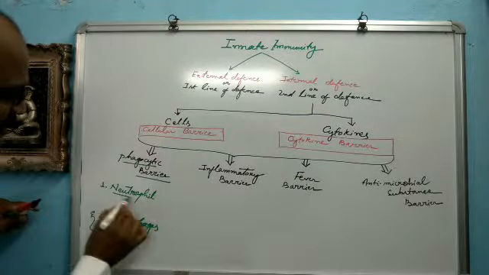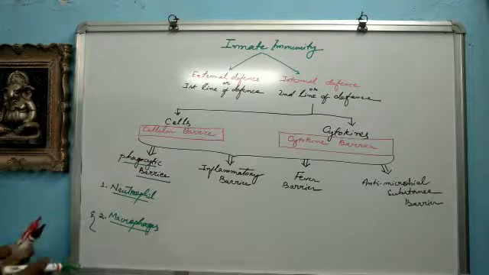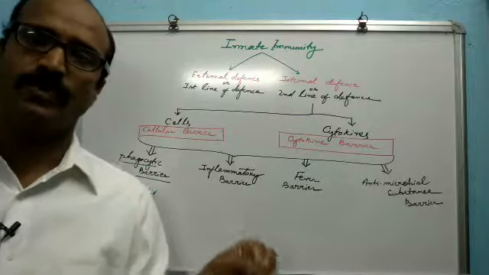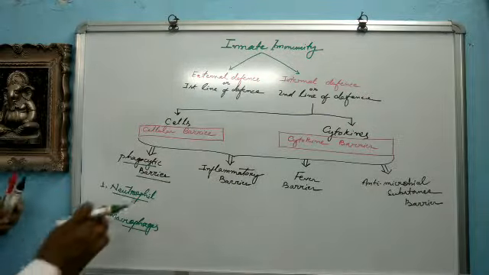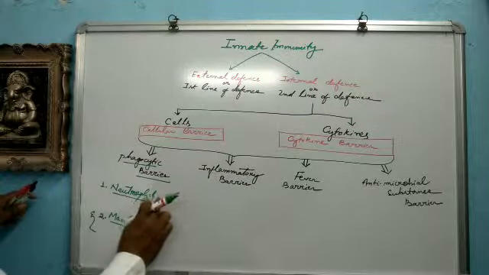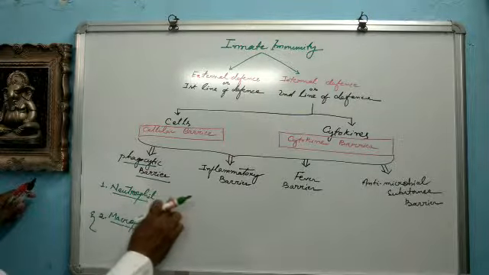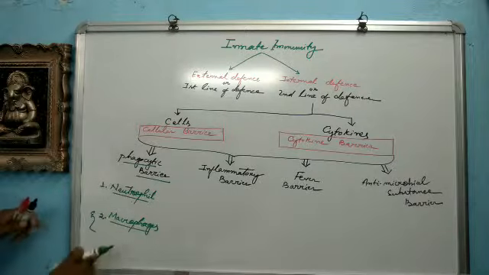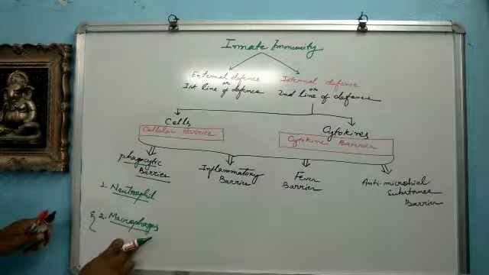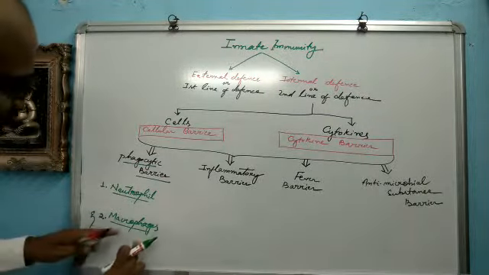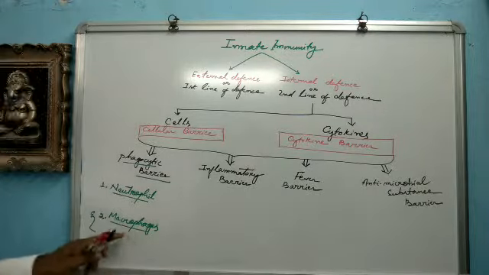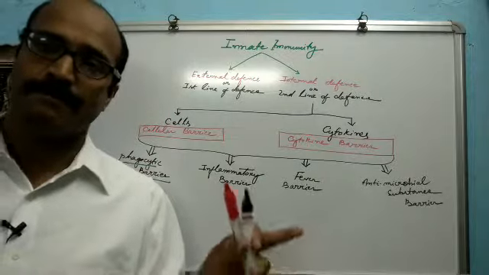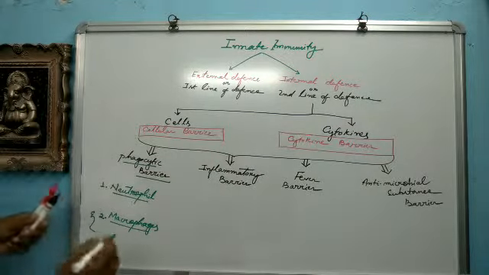The neutrophils and macrophages are present in the areolar connective tissue below the skin. The neutrophil engulfs about 5 to 10 bacteria before it dies. Likewise, the macrophage is a large phagocytic cell which engulfs about 100 bacteria before it dies.